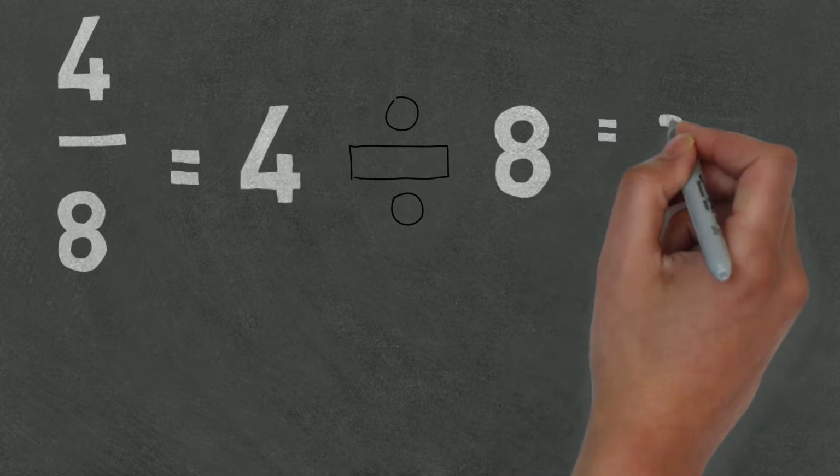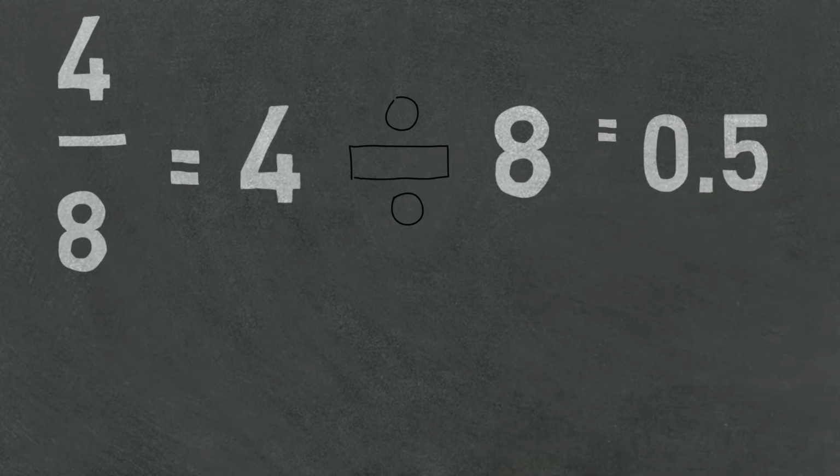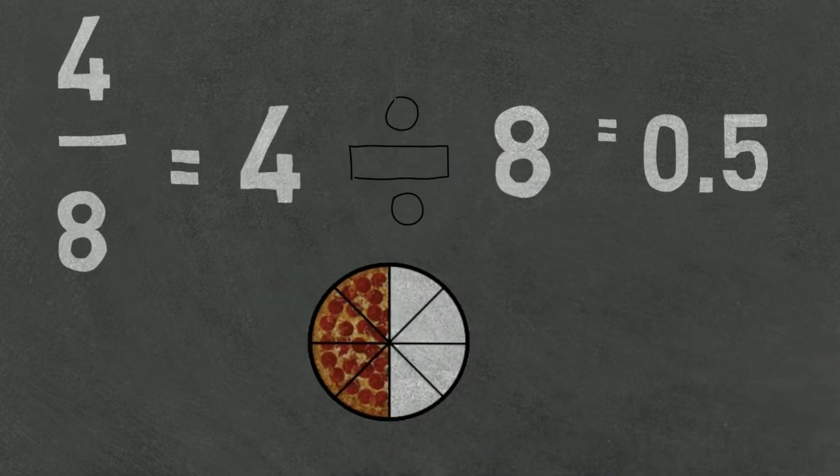But just to show you how it works, 4 divided by 8 is 0.5, which is the decimal form of the fraction 4/8. In other words, 4 slices out of an 8-sliced pizza will be 50% of the whole pizza. That's if you like hearing your proportions in percentages. I know I like to hear them like that sometimes.